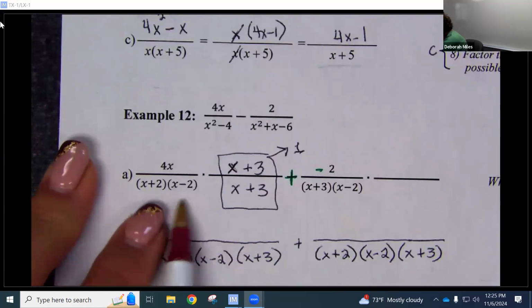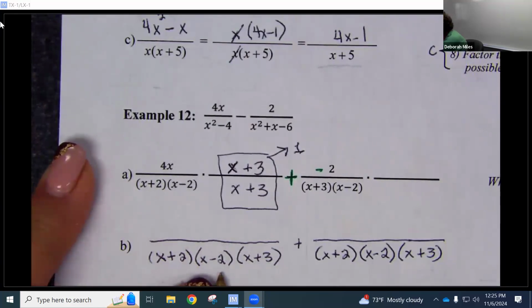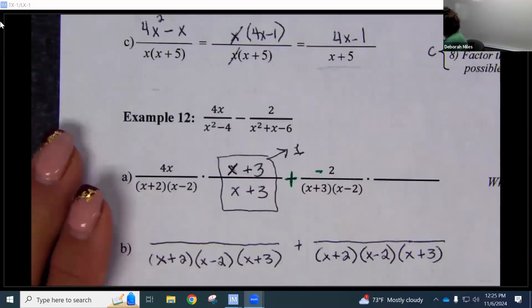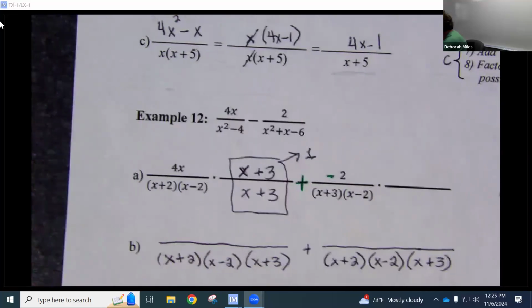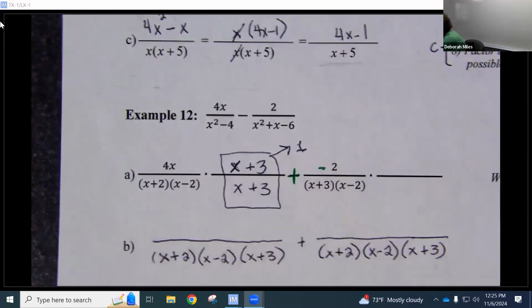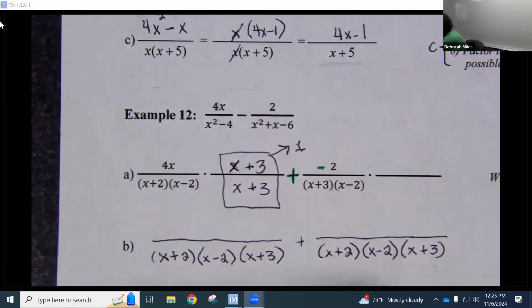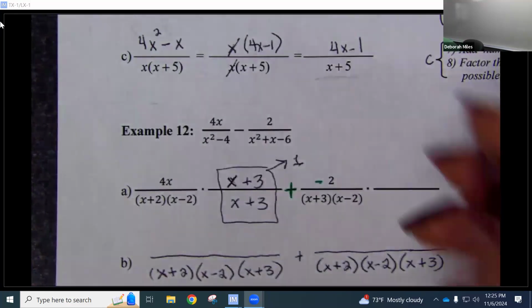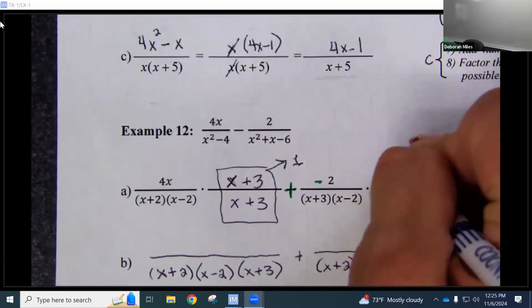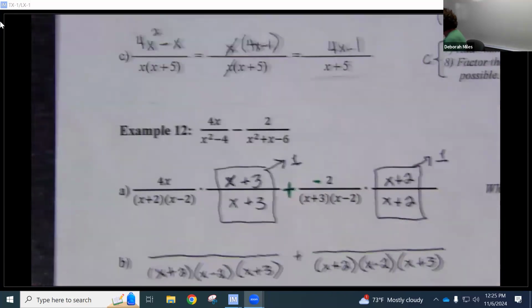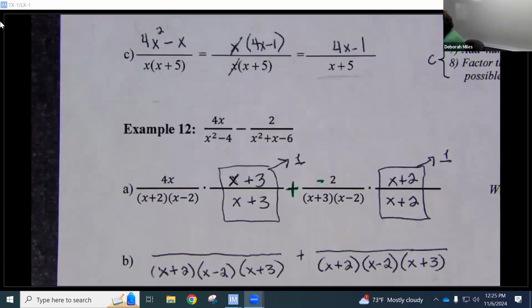Okay, I'm looking at this and I'm saying, what does this have that this does not have? Okay, then I bet you can answer this for me. What does this have? X plus 2. Yes, it has the x minus 2, it has the x plus 3. What it needs is the x plus 2 over x plus 2. Did that help, Miss Sydney? Yeah. Okay. Again, the only thing you can legally multiply by is 1.